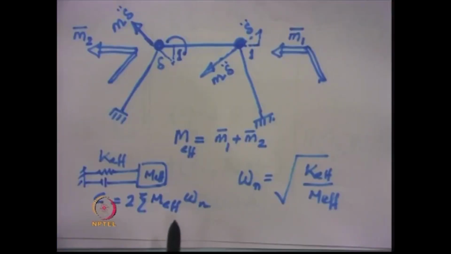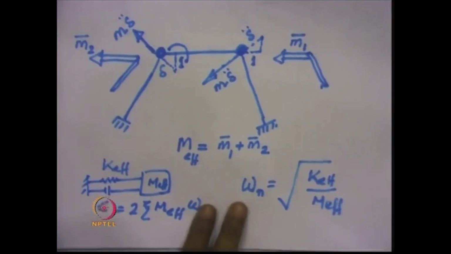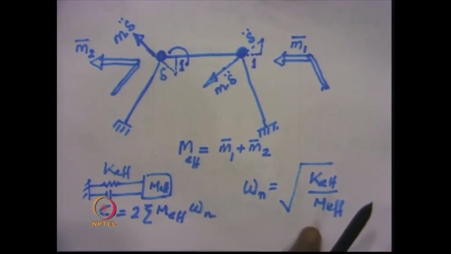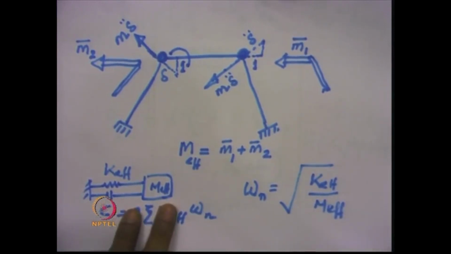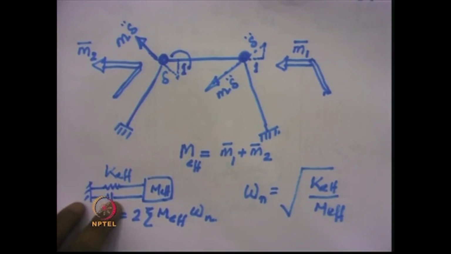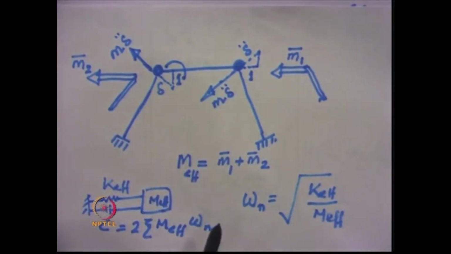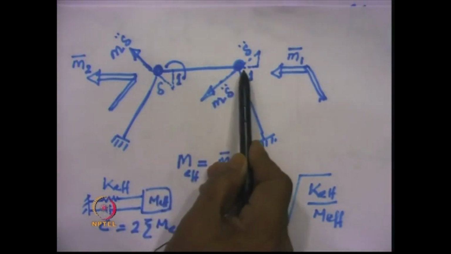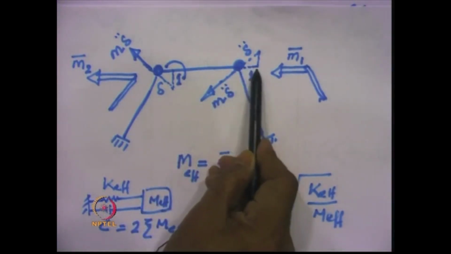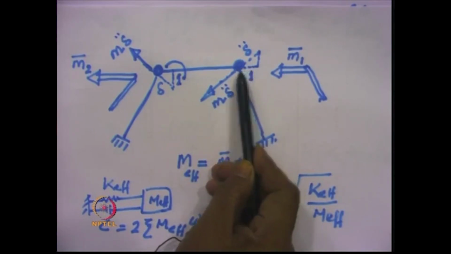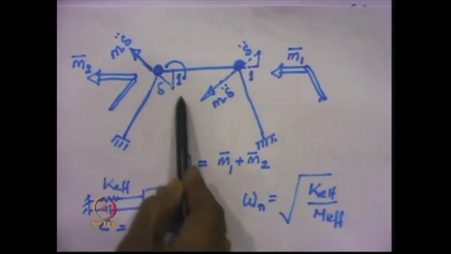stiffness for the portal frame, then we have to find out the effective M. Now, effective M, mind you, is not equal to M plus M, because if we give a unit sway displacement in this direction, then the entire system would move like this.